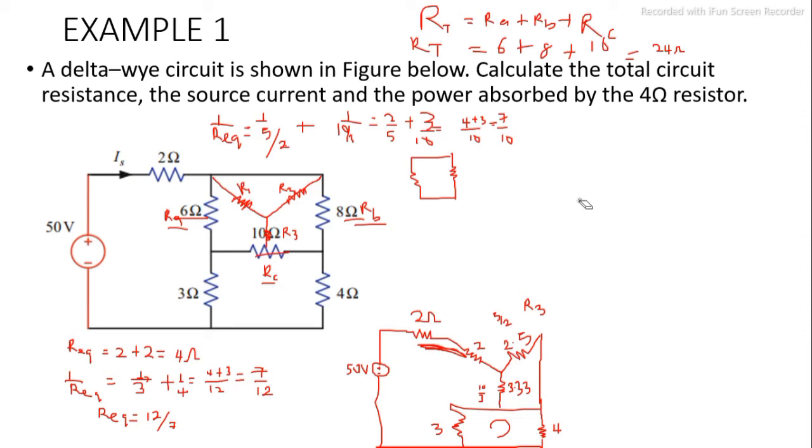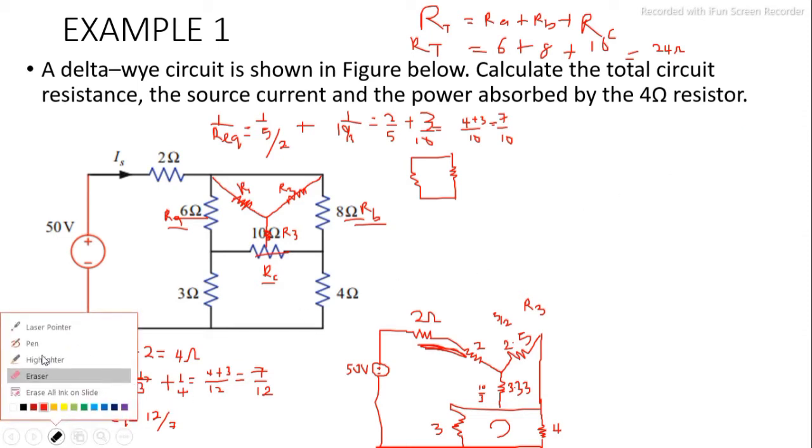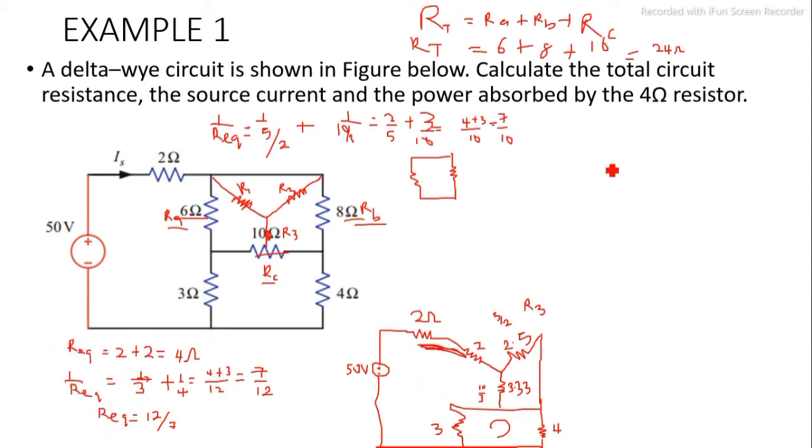So let's redraw it. So this is 50 volts, plus minus 50 volts. Then this and this already give us 4 ohms. So the combination of these gives us 4 ohms.